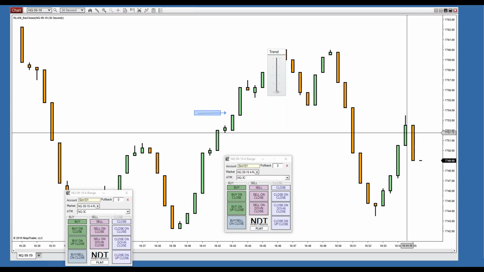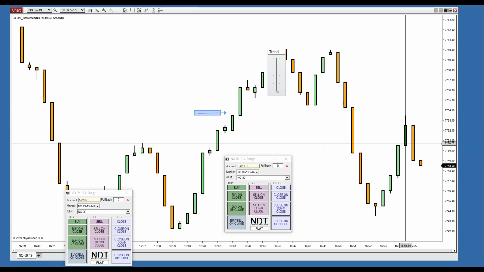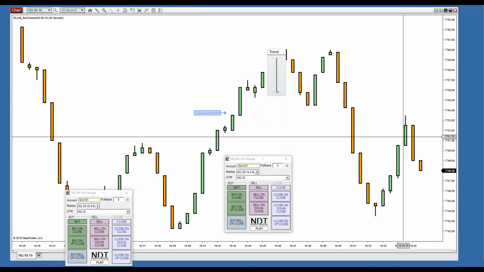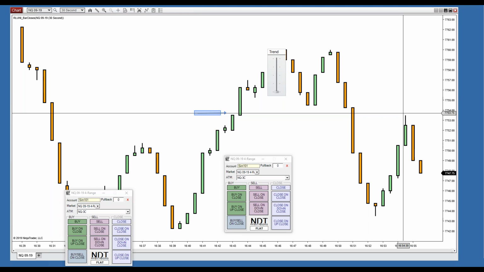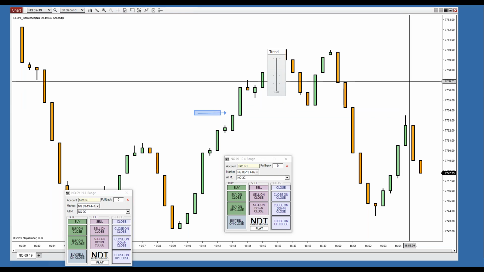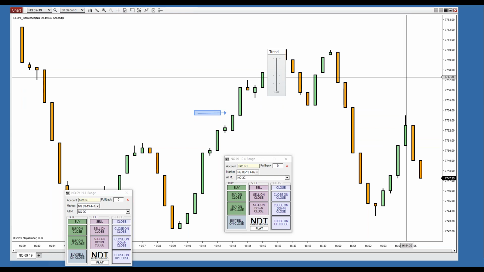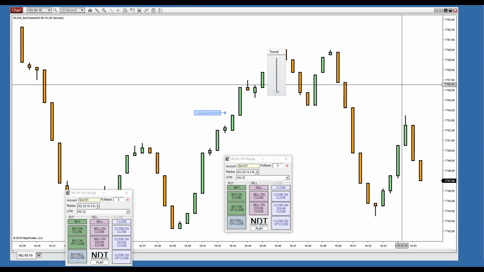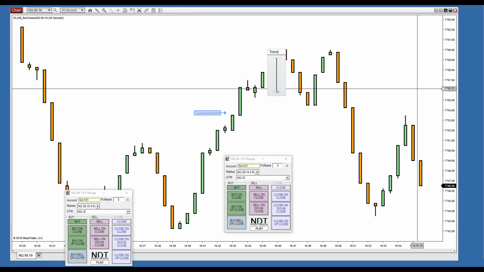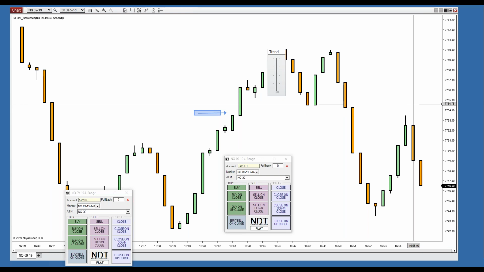So it's a great way to trail a trade. You can continue to garner profit as long as the market keeps closing to the upside on whatever kind of candle that you're trading. And the first reversal is going to take you out.